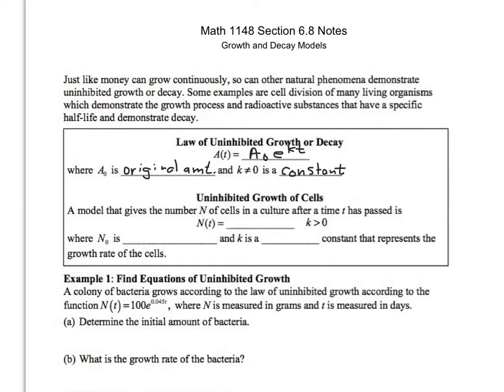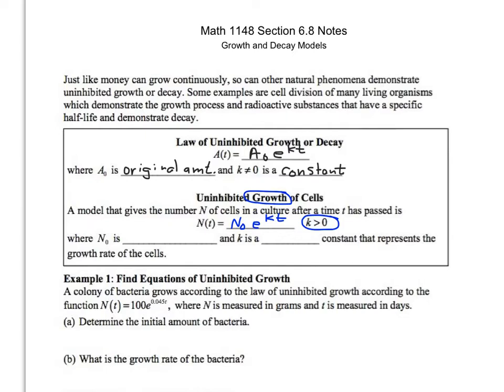Okay, our second kind of thing is just kind of an offshoot of this. This is talking about uninhibited growth of cells. Since we're talking about cells growing, some amount growing, this is going to make our k positive. So the way we'll write this is N sub 0 e to the kt, and you can see here k is positive, and that's going to make these things grow.